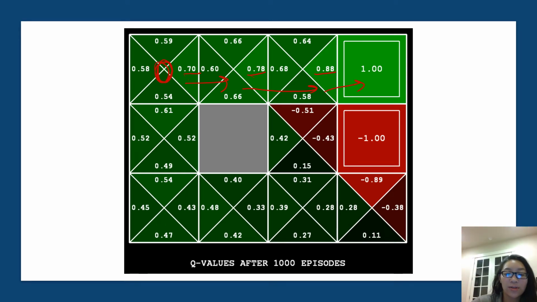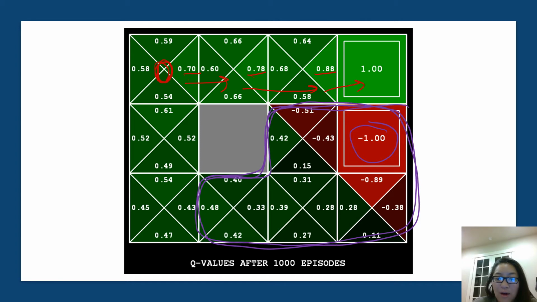What's important to also note is that the lowest reward in this environment, this -1, is surrounded by action value functions that are quite low compared to everything else in our environment, and that just shows that the algorithm is trying to lead the agent in taking actions that do not go into these states in order to maximize reward.